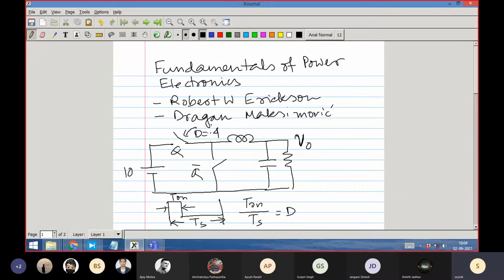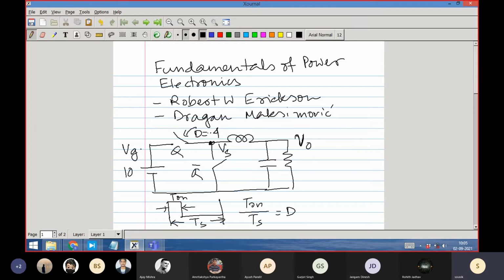So we consider this node as Vs. The voltage that is developed at Vs is switching in nature, discontinuous in nature. It is not a continuous voltage, but it has a beautiful property that it has changed the average value of the voltage at this node from what it was at the input node.